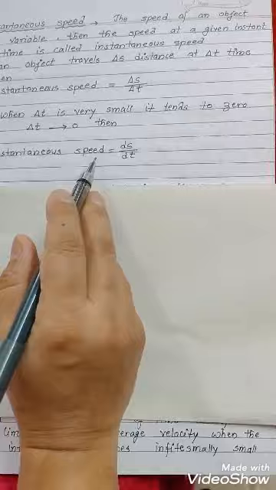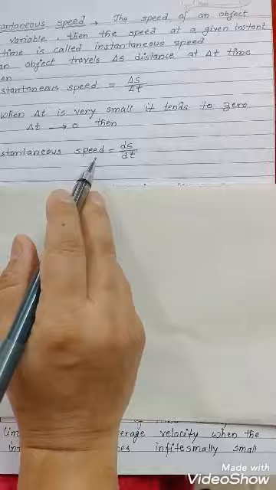But if del t is so small that it tends to 0, that means it becomes 0 but it is not 0, it is that much small. So we can write it this way, del t tends to 0, by putting this arrow symbol, which says that del t tends to 0.